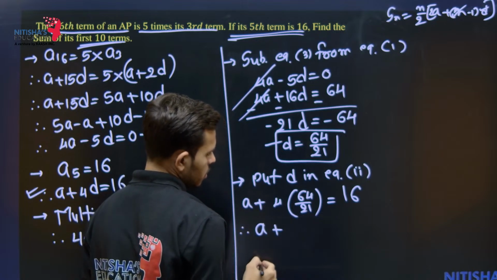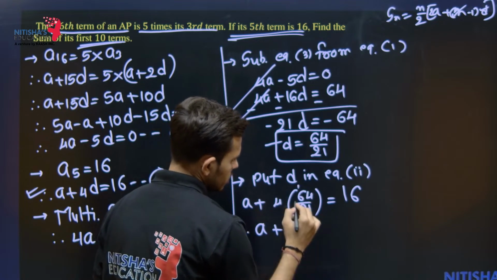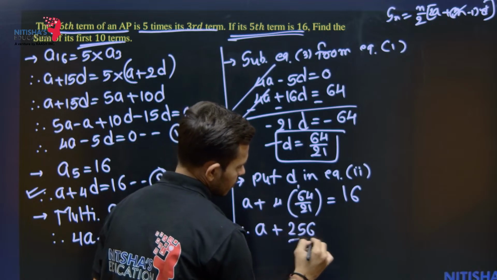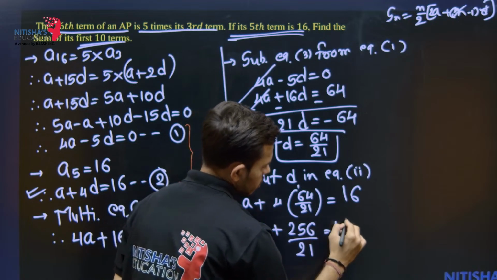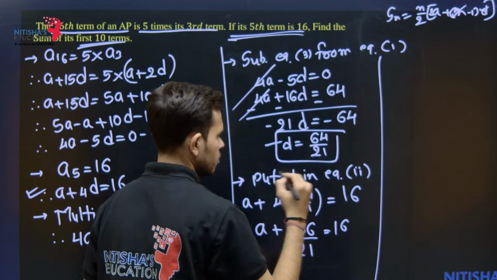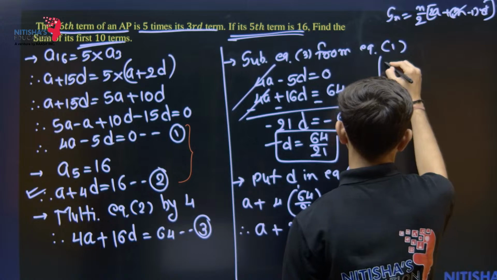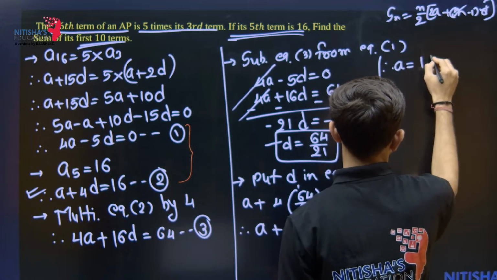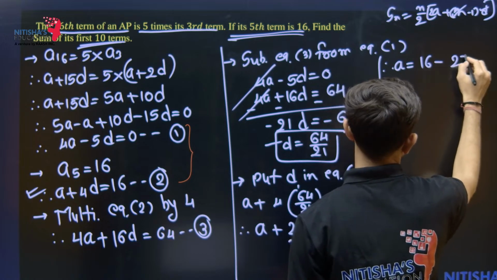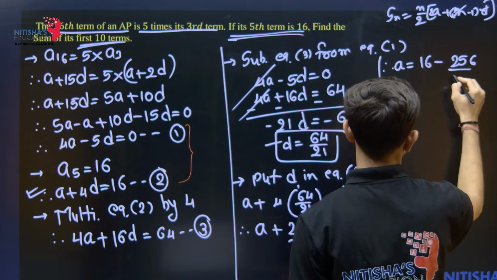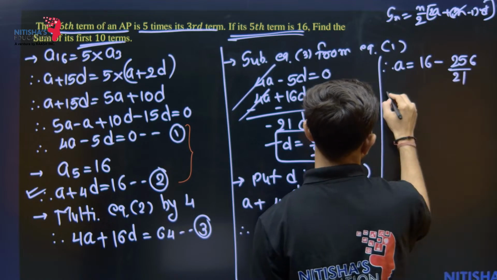Therefore a plus 4 4s are 16, 6 4s are 24 plus 1 25, 256 upon 21 is equal to 16. Now transpose this to the right side, then a is equal to 16 minus 256 upon 21.